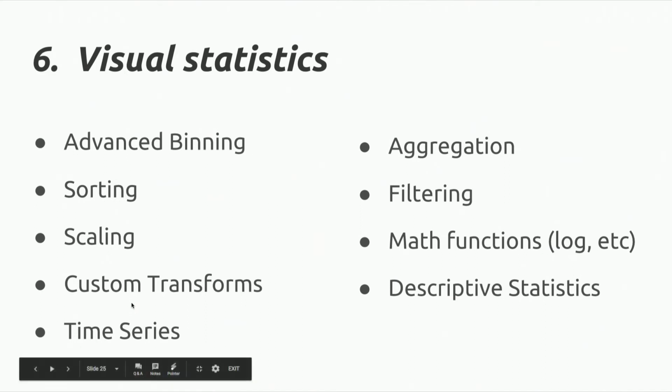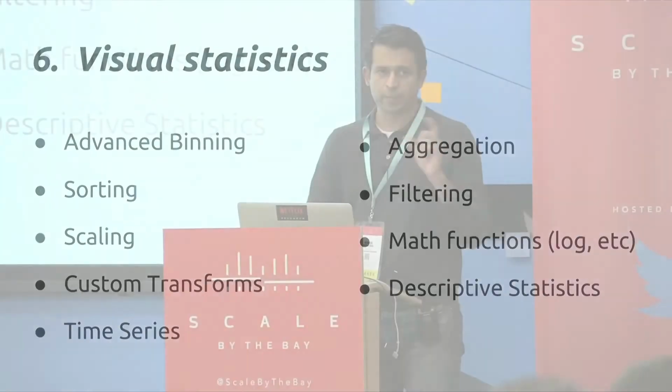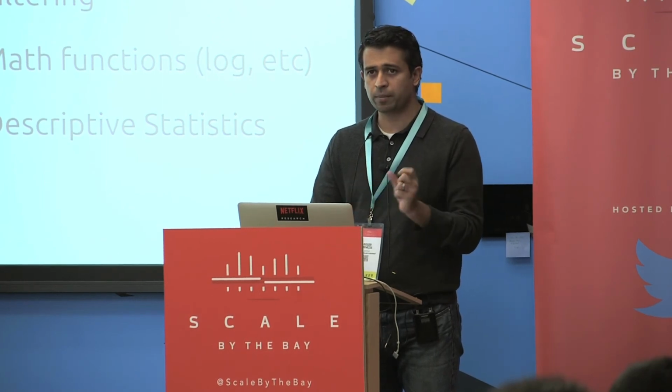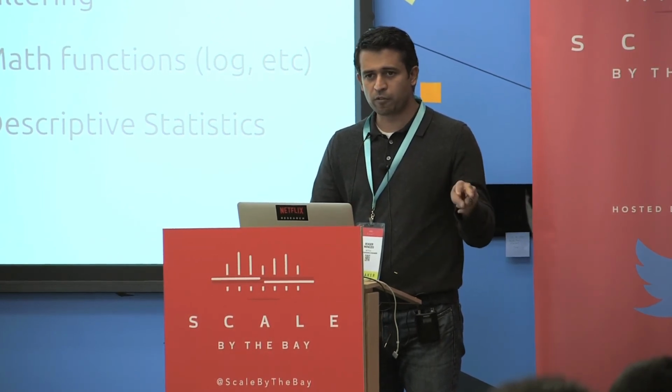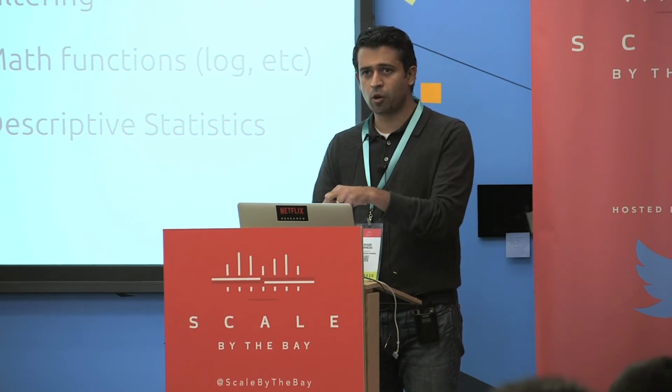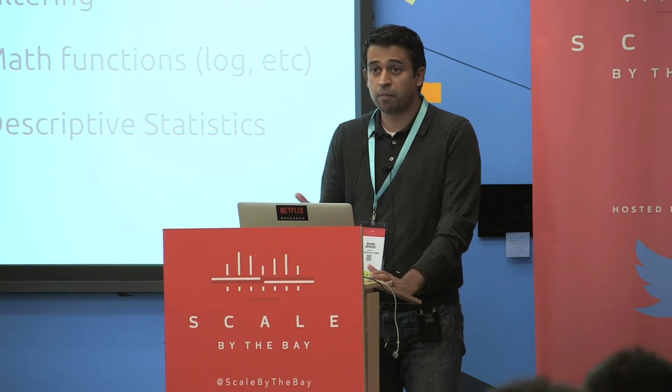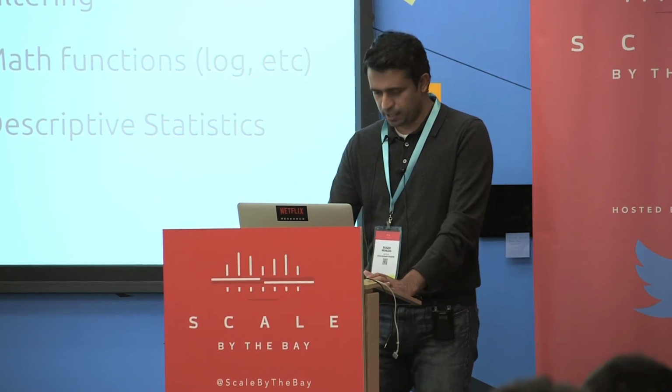There's a concept of custom transforms, where Vegas has its own DSL. This works very much like Spark with the column concept, in the sense you could point to a couple of columns and say, can you create me a third column using these two columns, which would be the diff of those or some formula that you want to provide.